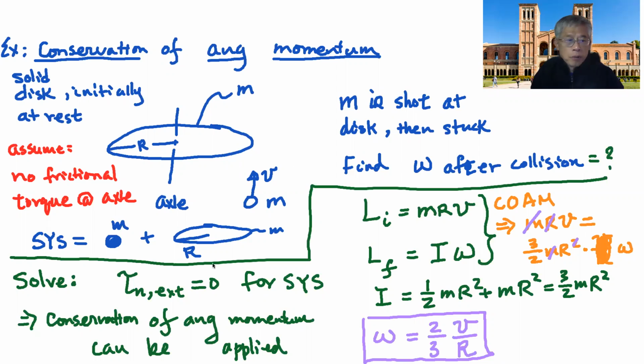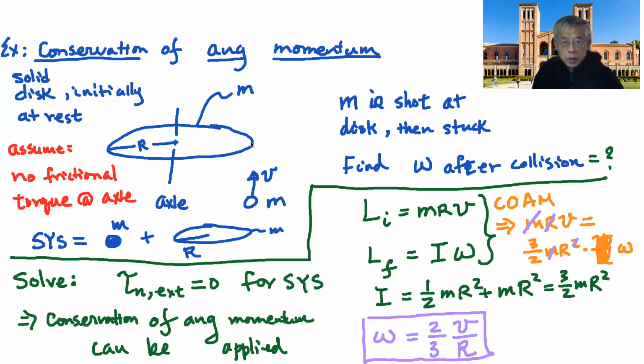The way we solve it is, since the net external torque is equal to 0 for these two together, we can apply conservation of angular momentum. In the beginning, the angular momentum is only possessed by the point mass, m, v, and r.